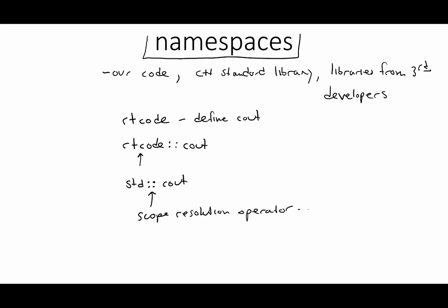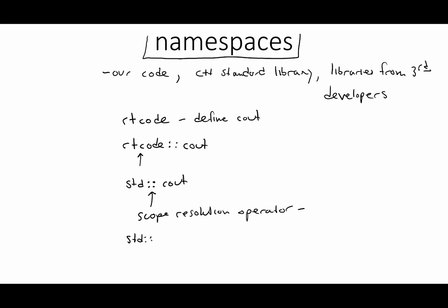Basically this resolves which namespace we want to use. It can be tedious to type std:: every single time we want to use something from that namespace, because, as we'll see as we move along in the class, there are a lot of things in that namespace that we want to use.